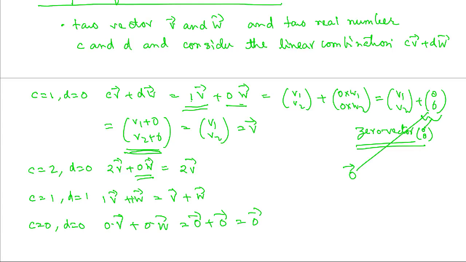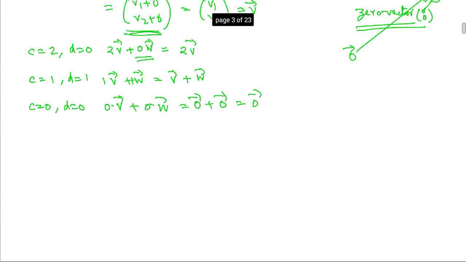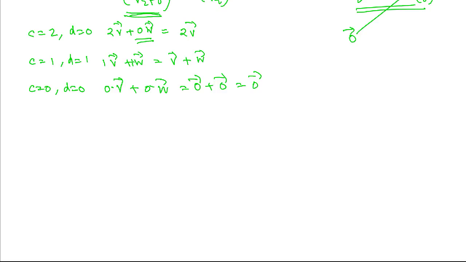So that is interesting. Is there anything else we can think about here? What if we go with C equals 1, D equals minus 1?